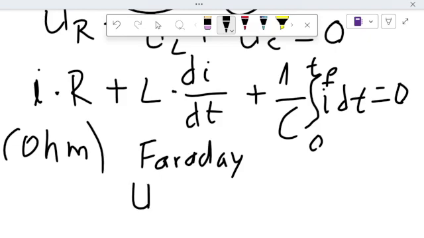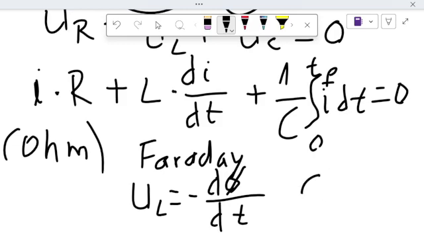So the voltage on the inductor is minus the variation in magnetic flux, which depends on time. For the capacitor, many times we write capacitor and capacity. That means how much charge can accumulate at a given voltage.